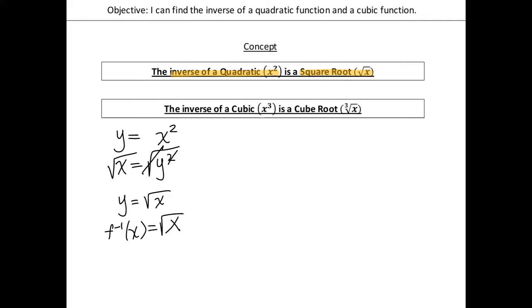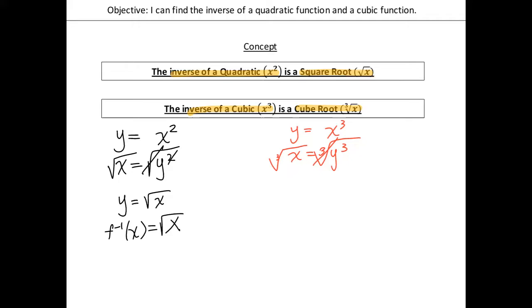Likewise, the inverse of a cubic is a cube root. It's the same reasoning here. If I had y equals a x cubed, switch the x and the y. And then how do we get rid of the cubed? Instead of taking the square root, I need to get rid of the cube, so it's called the cube root, where you put a little 3 as the index in the little radical, and then this is the cube root on this side.